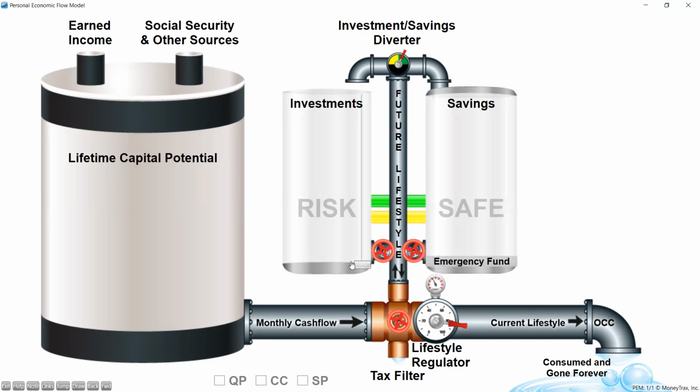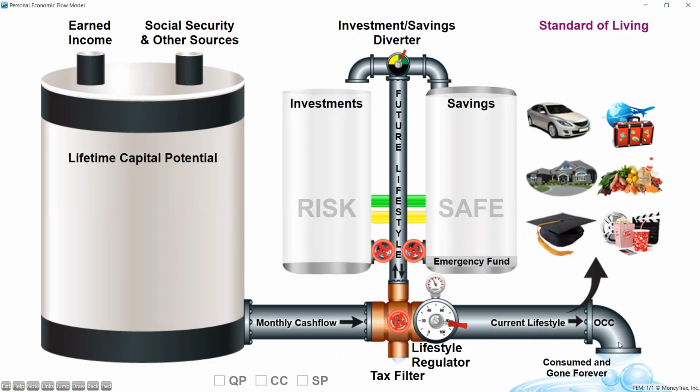So as you see right here, this looks like plumbing material, a big water pump, two other pumps, and this is basically how money flows. This is your whole personal economy right here. And as I go through this webinar, I'll show you how to be better stewards of what you currently have. And I'm going to give you an example.